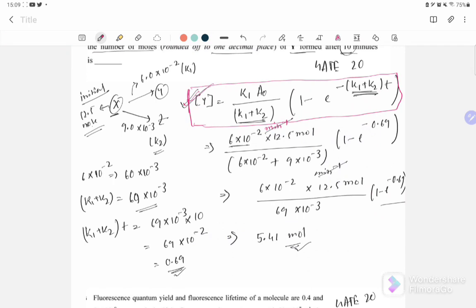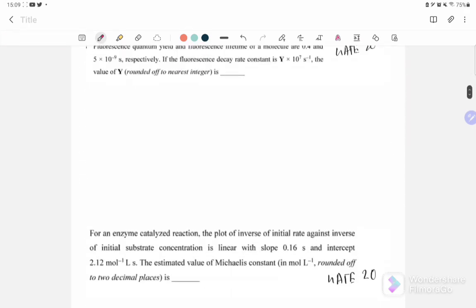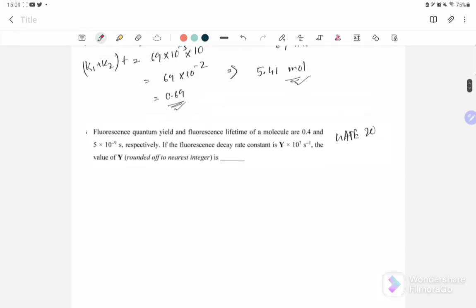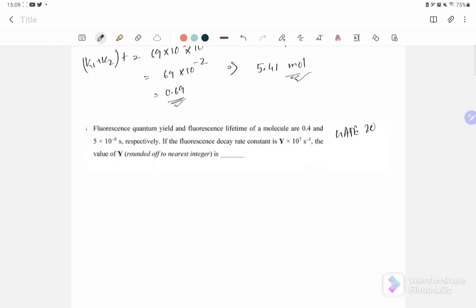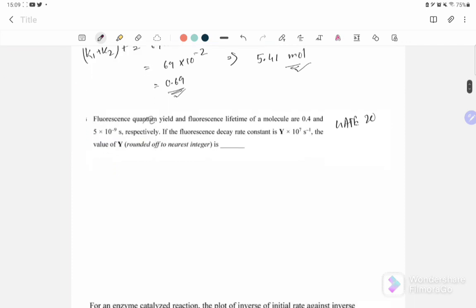Okay, so our next question came in 2020. Given is the fluorescence quantum yield and the fluorescence lifetime of a molecule. The quantum yield is 0.4.